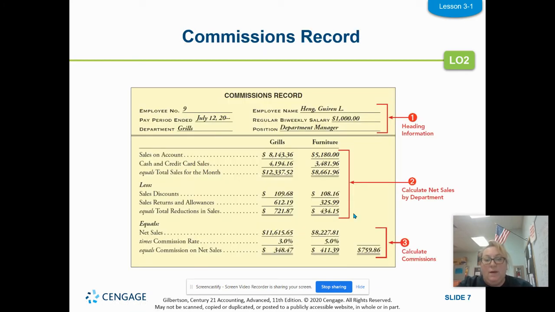Some managers get paid by commission also. This is a commissions record. We've already done this before. The commissions record in this case is for Guren Hing. He worked in grills. He was the department manager. It looks like he gets a biweekly salary of $1,000, but he gets a commission on both grills and furniture.